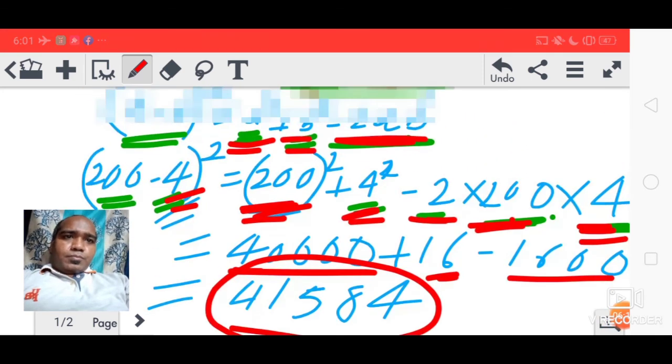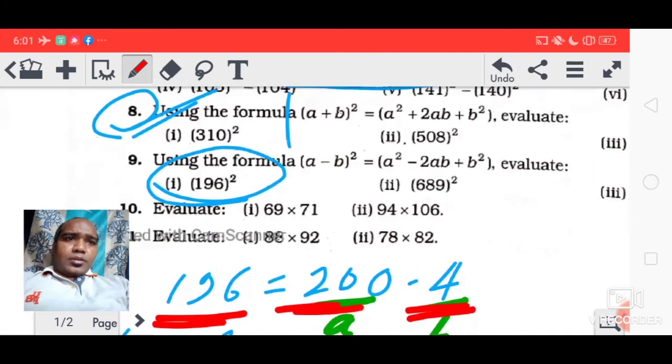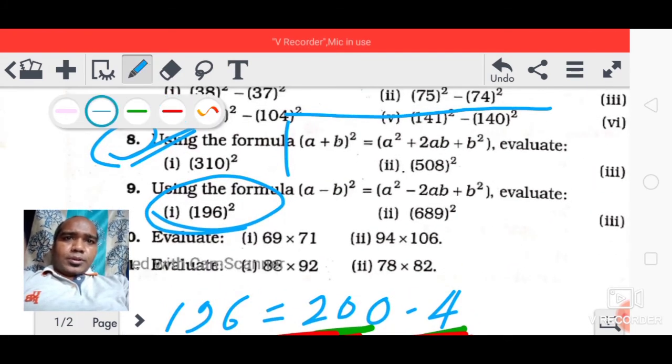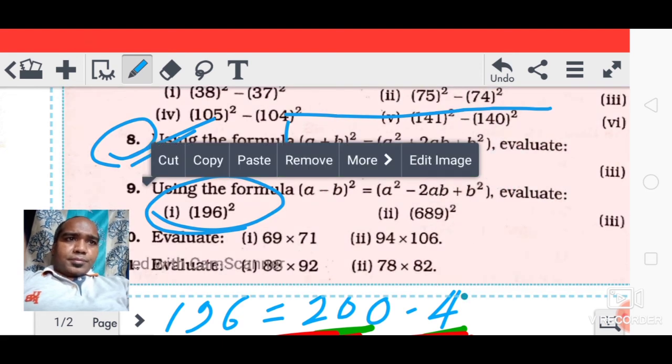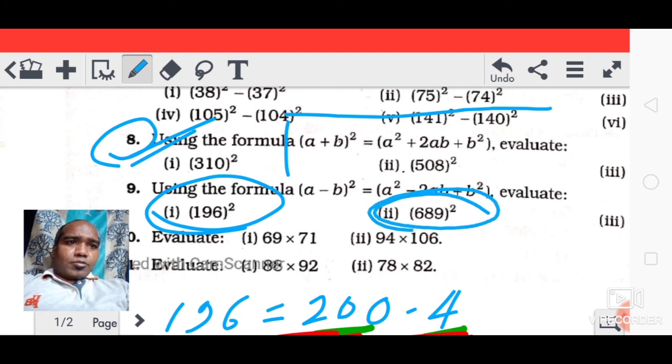So I hope the rest of the questions of question number 8 you can solve. Look here, this part. This one is given 689 square. Question number 2, 689 square.